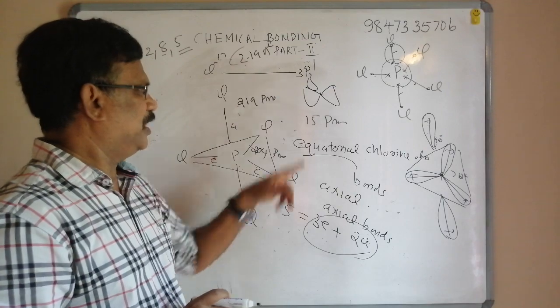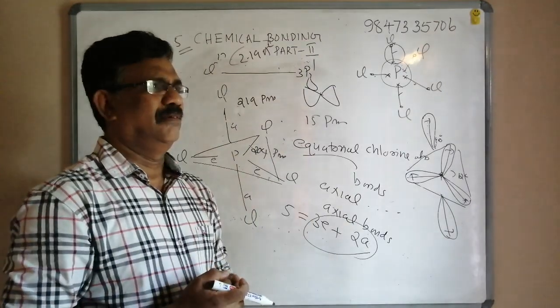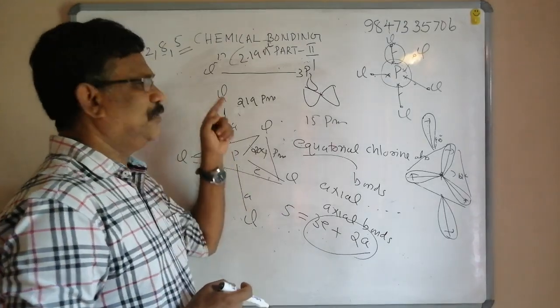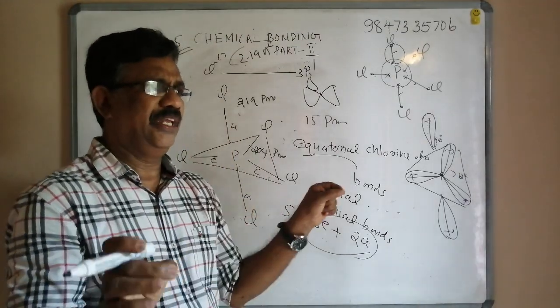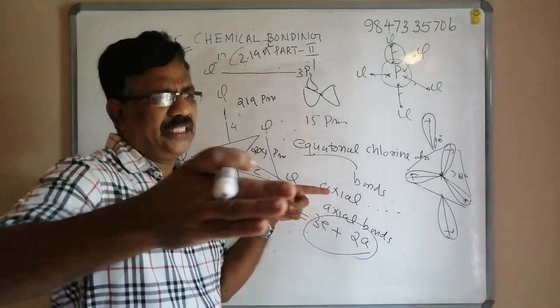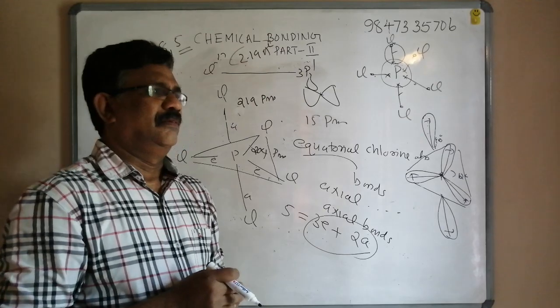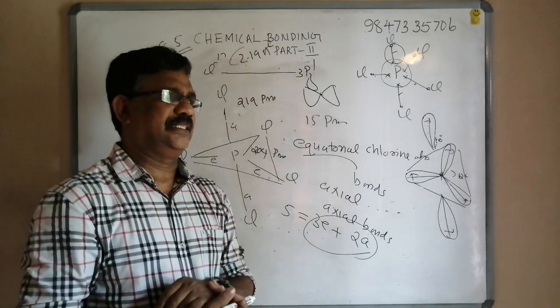When a bond becomes long, the pair of electrons between the atoms becomes delocalized, and the bond can break very easily. When bond length increases, bond strength decreases.